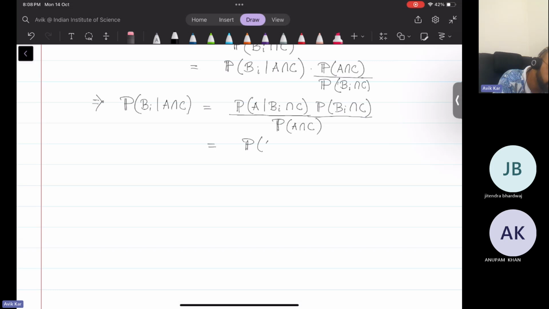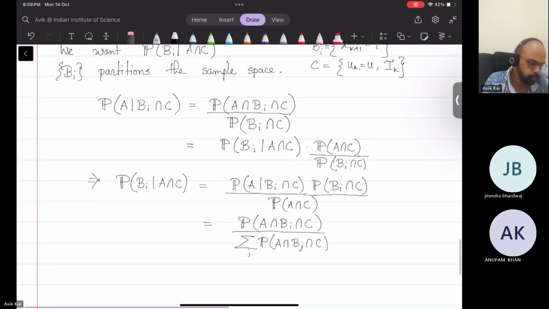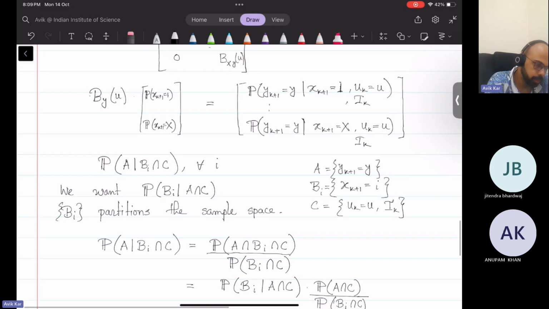So this will be probability of A intersection B_i intersection C. And for the denominator, since B_i partitions the sample space, we can write this as a sum over j of probability of A intersection B_j intersection C, so this is indexed by j.